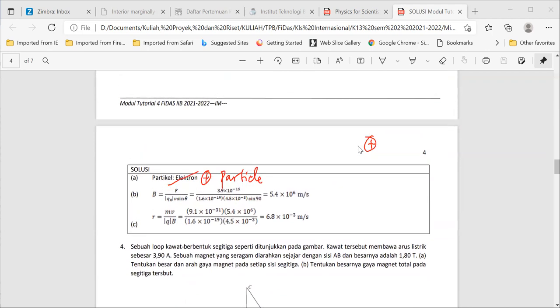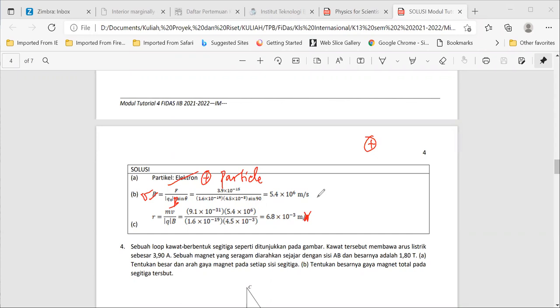Okay. Should be V here. This is B. This is B. Okay, you will get that this V equals this one, and the radius of this one is... okay. Not meter per second, it's meter. It's very bad.